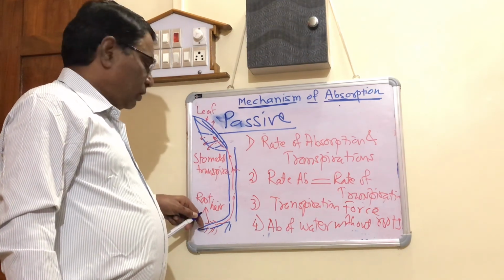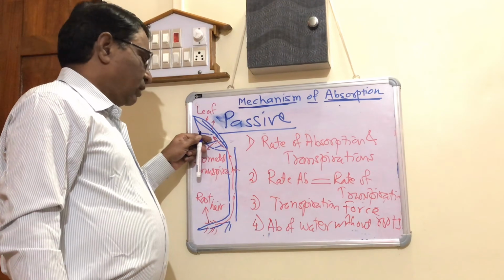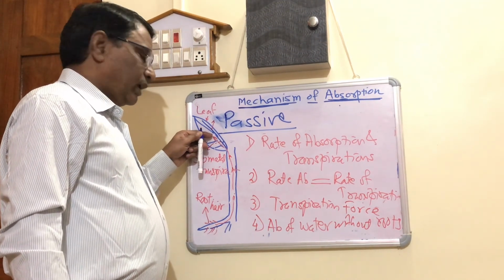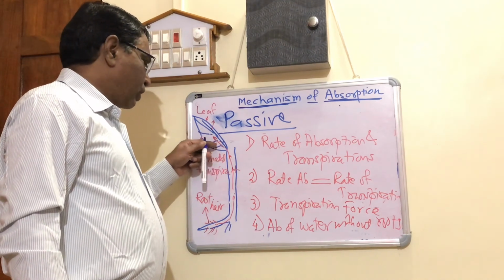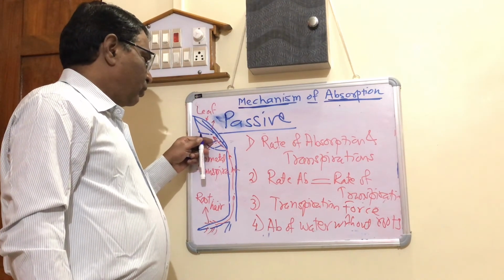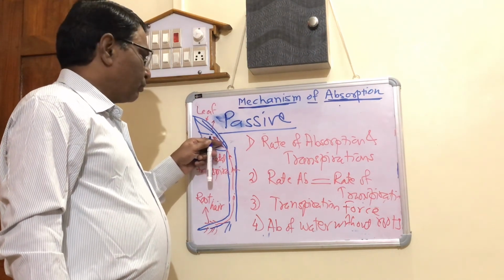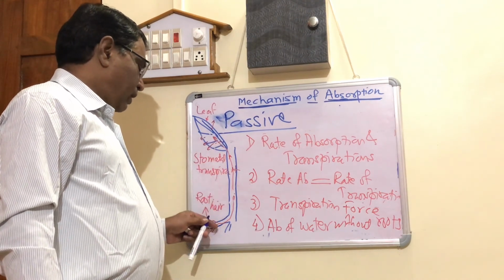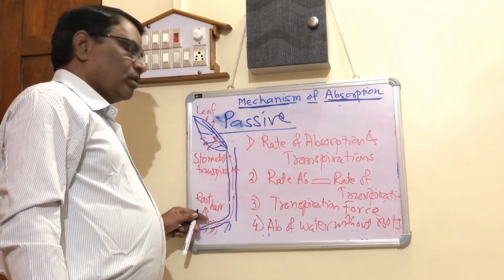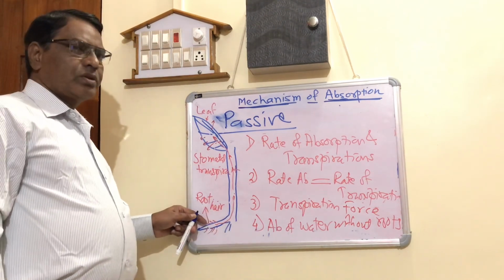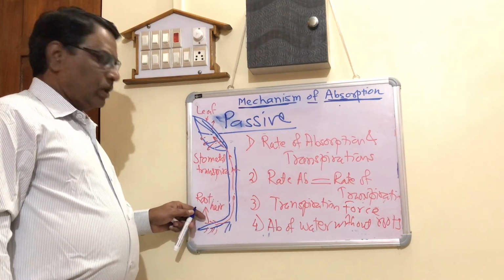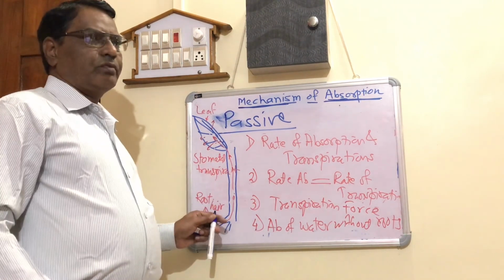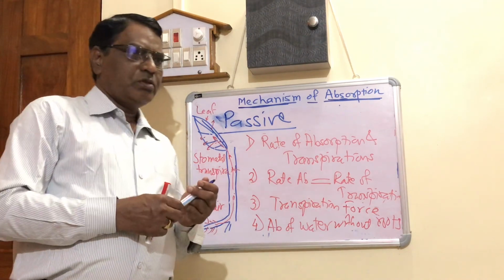In this stomatal transpiration, a large amount of water gets lost, and it creates a continuous column of water from the stomata to the mesophyll, from mesophyll to the xylem strand of leaf, stem, and ultimately to the root, and it remains continuous with the soil water that is present around this root system. So this is about the mechanism of water absorption.